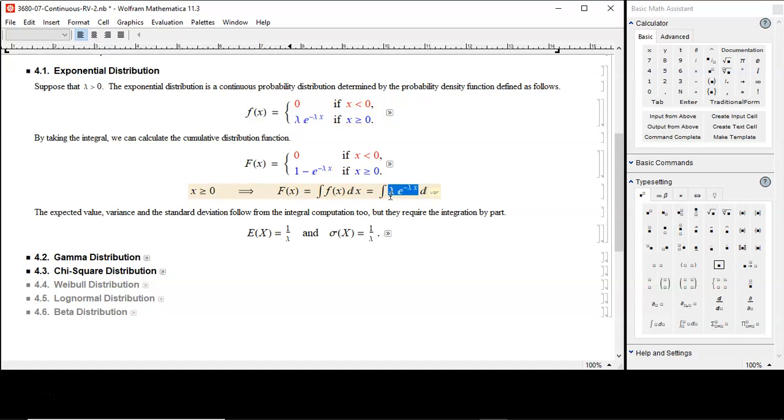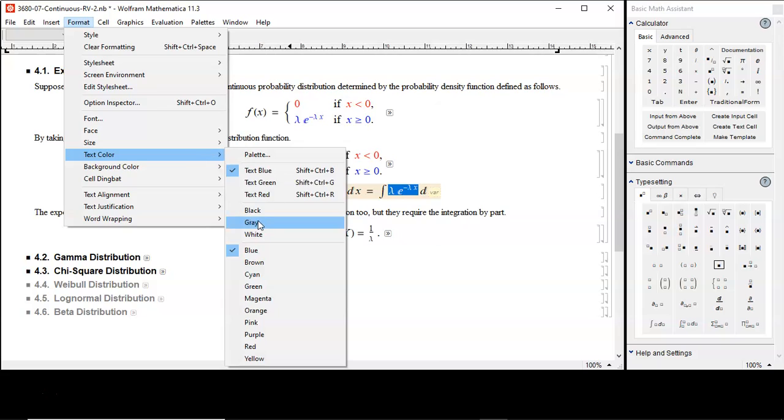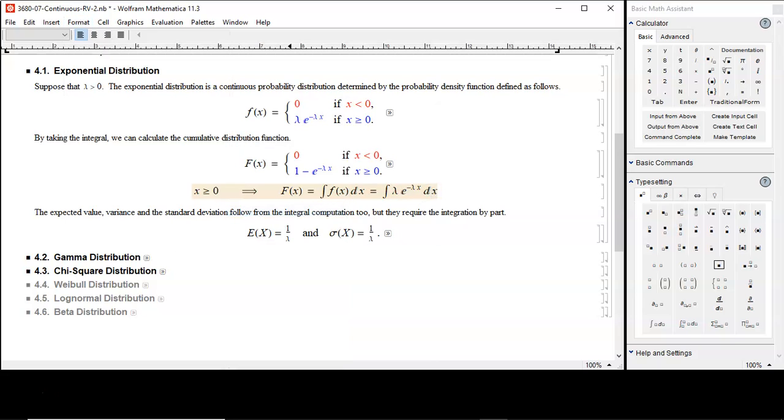And what is this antiderivative? It is negative e to the negative lambda x, isn't it? And then we need an integral constant, plus c. All right, we have infinitely many possibilities because I don't know what c is.